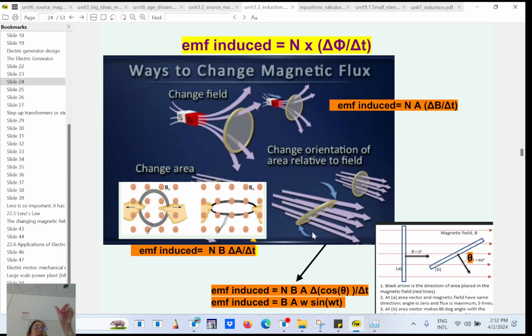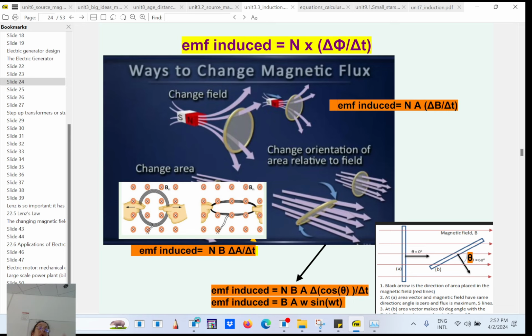Or you can rotate the conductor. In that case, that's going to be the induced EMF. If you are changing the area, the induced EMF will be that expression here, the rate at which the area is changing over time. And if you are changing the magnetic field strength, that's going to be the EMF.